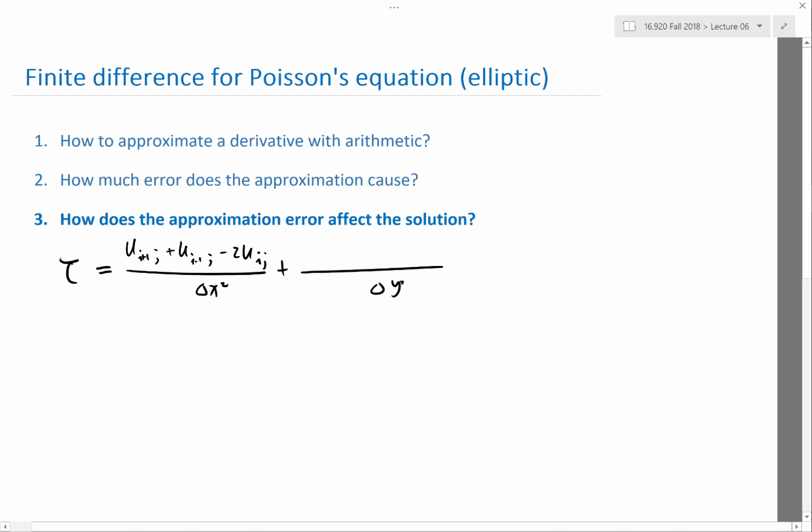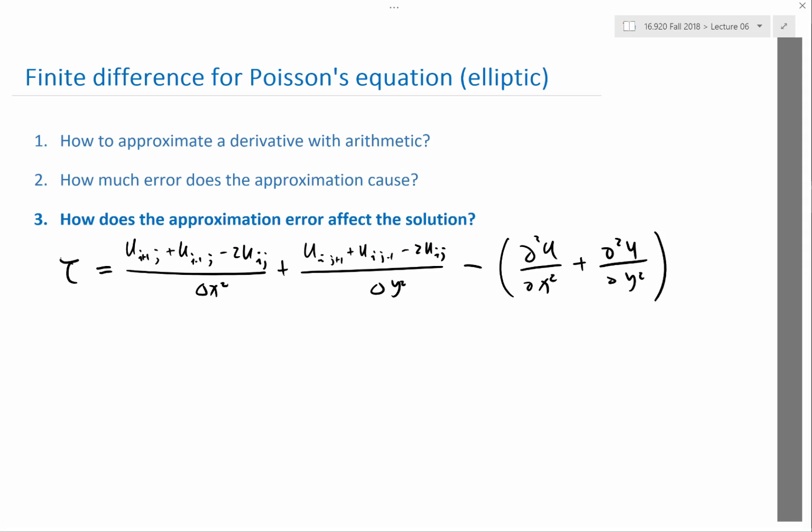We also have an approximation to the second order y derivative, and the indices should be ij plus 1, ij minus 1, and again minus 2 uij. We subtract that from the analytical Laplacian operator, which is the second derivative in x plus the second derivative in y.